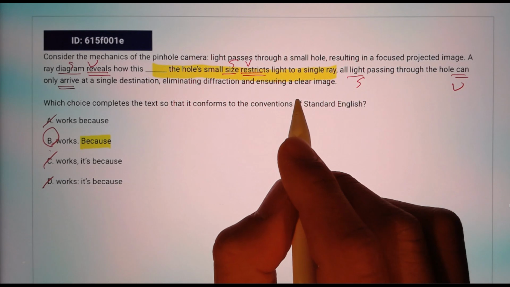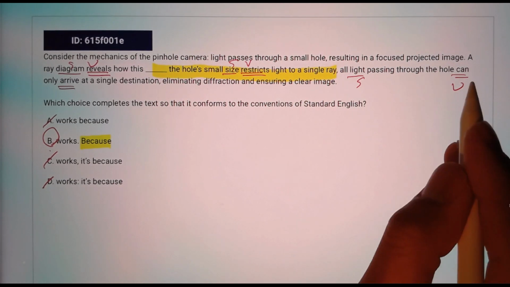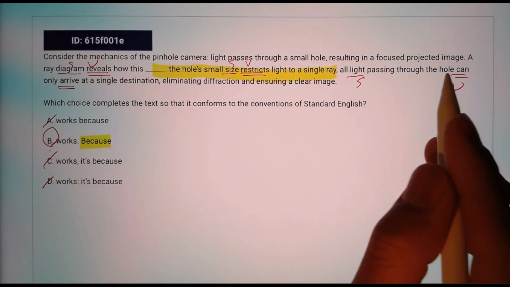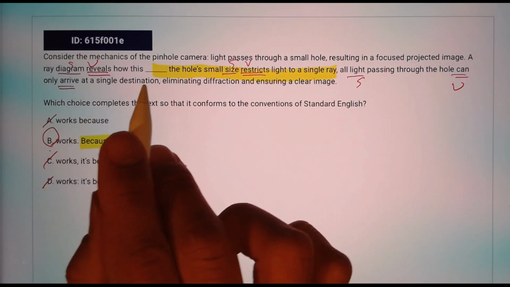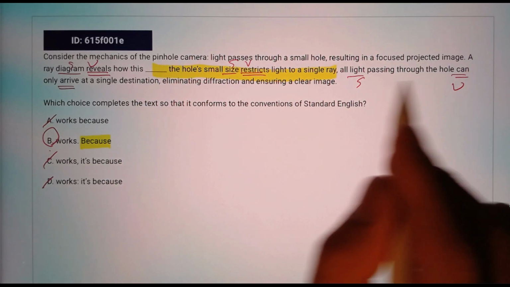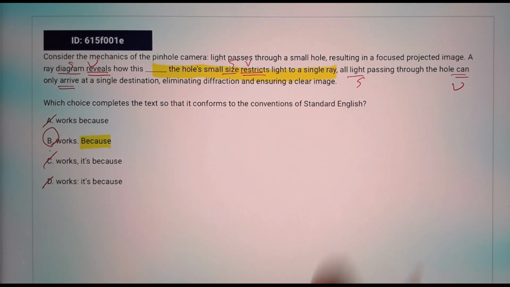And where is the independent clause then? All light passing through the hole can only arrive at a single destination. So a dependent clause followed by an independent clause with a comma in between makes it mechanically correct and also a coherent structure.